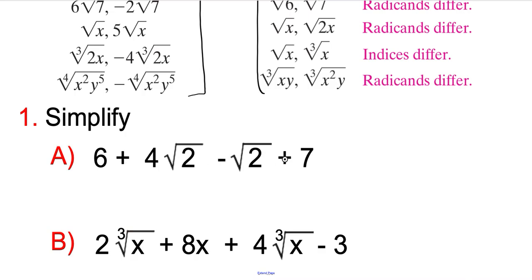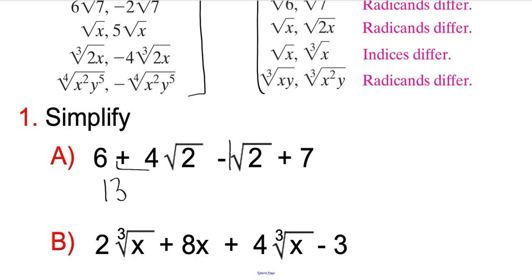Okay? So a couple examples starting off here. Let's look at A. We do have like radicals. We need to know the number in front of this radical. If you don't see a number in front of a radical, it's implied. Just like if you have an x, that's a 1x. We usually don't write the 1. If you need to write it here to help you out, that's fine. Let's do the easy part first. 6 plus 7 gives us a 13.